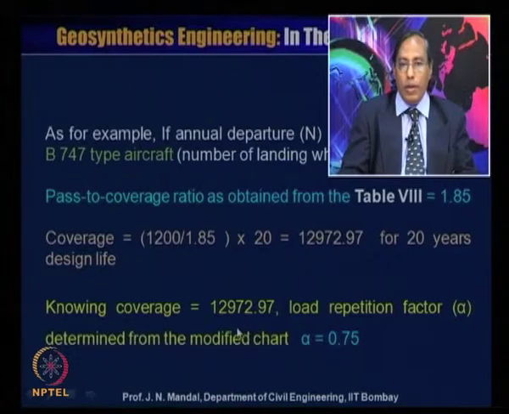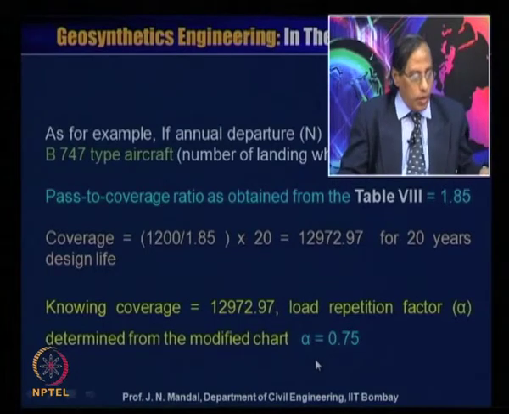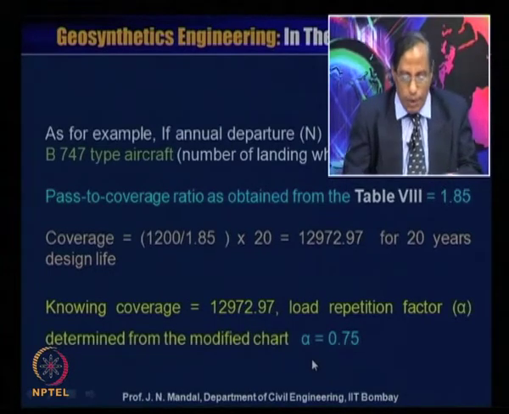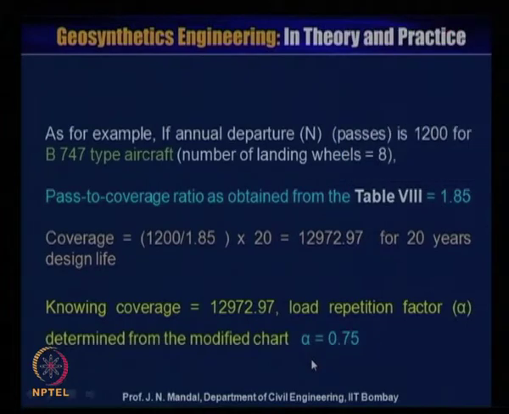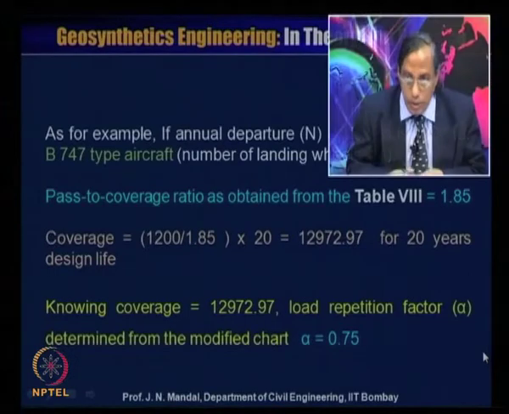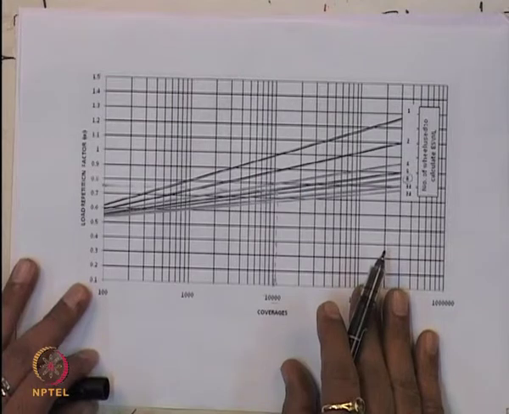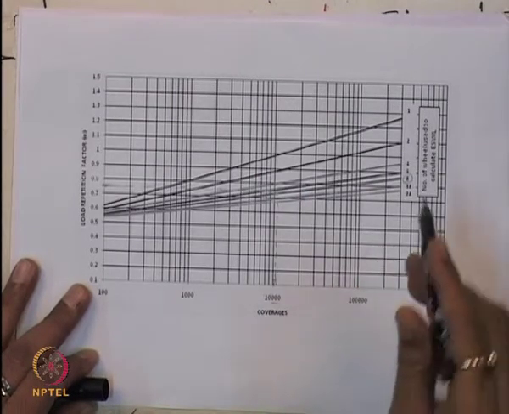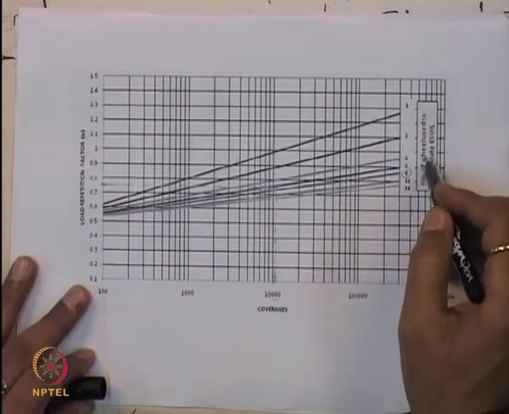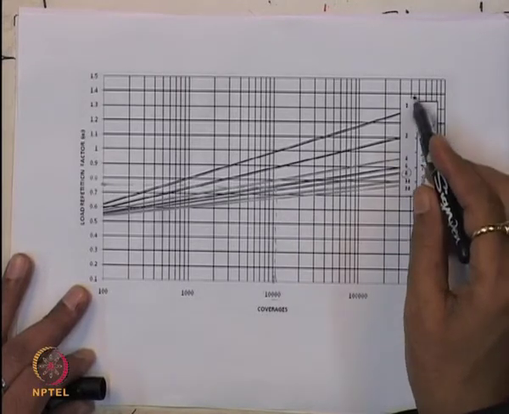So, knowing the coverage 12972.97, the load repetition factor alpha is determined from the modified chart, that is alpha is equal to 0.75. I will show you here: this is the coverage and this is the load repetition factor, that means alpha, and these are the number of wheels used.